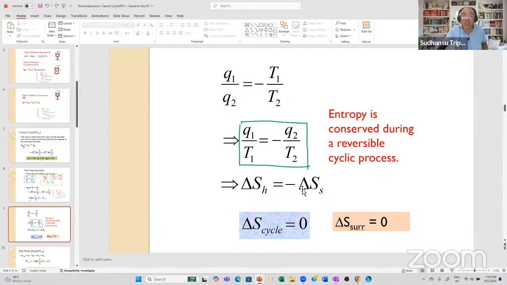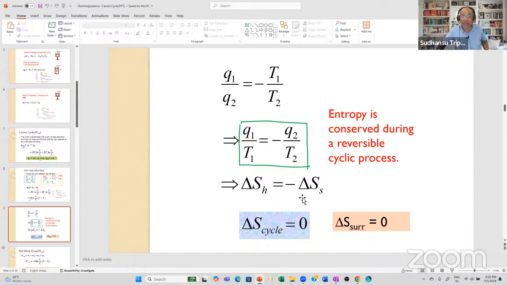So these ratios are numerically same. So the entropy gain that happens during heat absorption by the system is exactly equal to the entropy loss that happens due to the heat thrown to the sink.